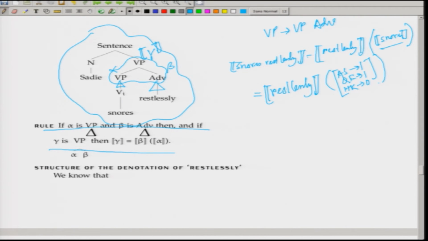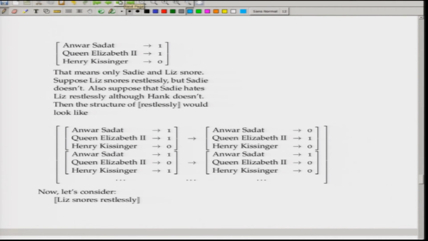So, we can already see that here is a function which takes another function as an argument, right, and then what happens? We still do not know how this function, that is the reference of restlessly, would look like. Then how to actually construct this function?